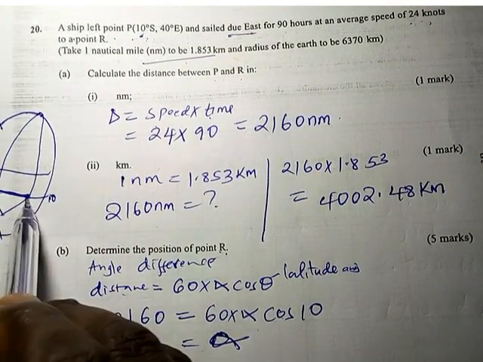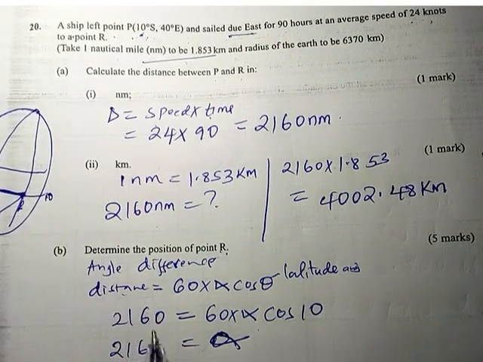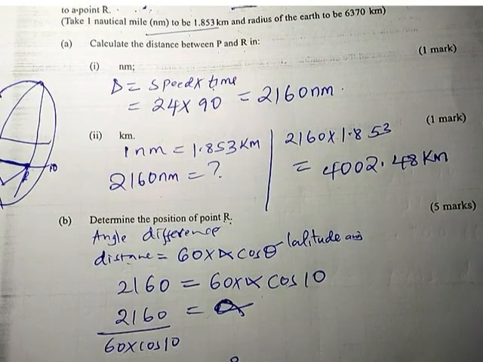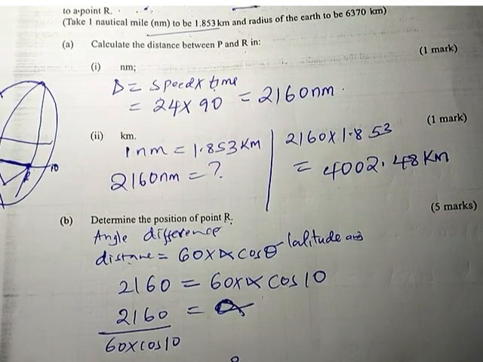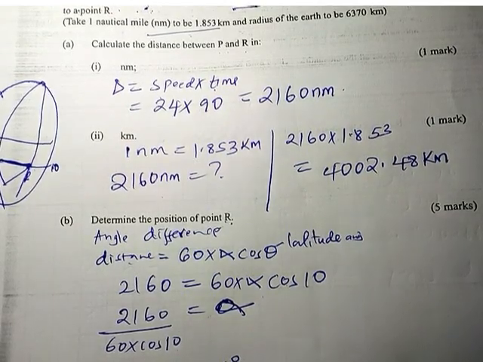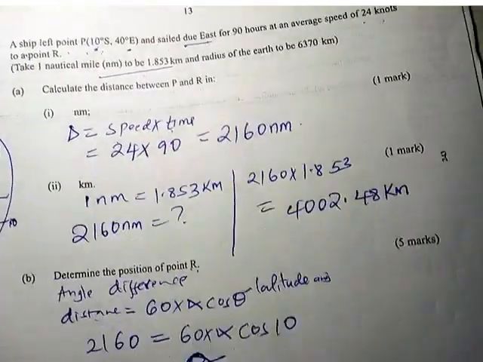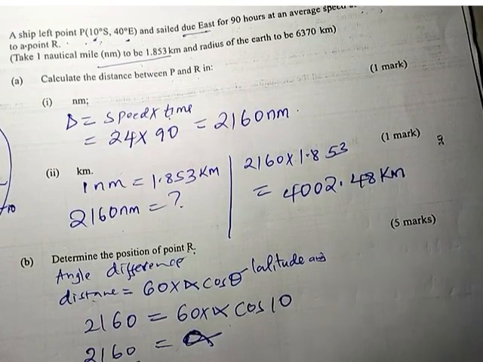So if it is to the east, it means they are on the same side. So to get the longitude of R, it is 36.56 plus 40, which is equal to 76.56 degrees.